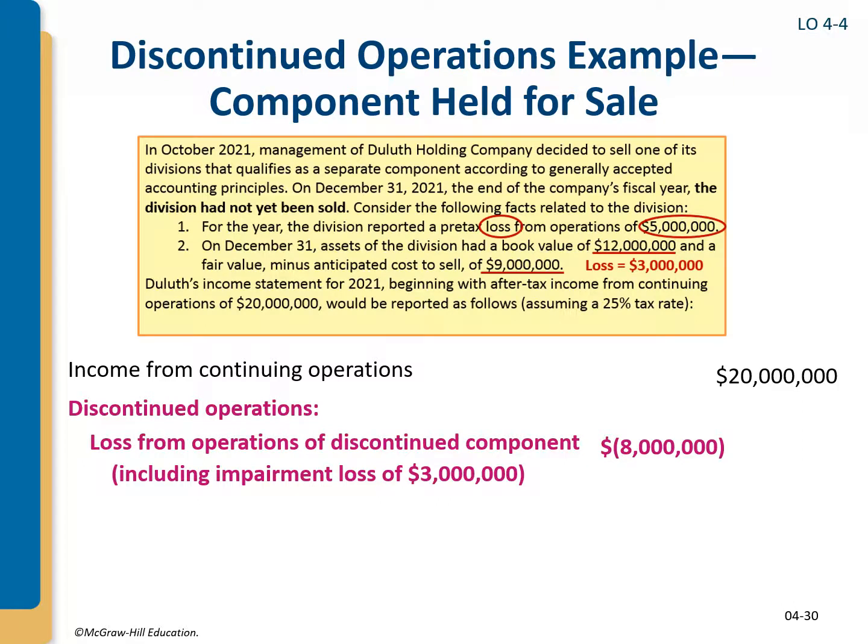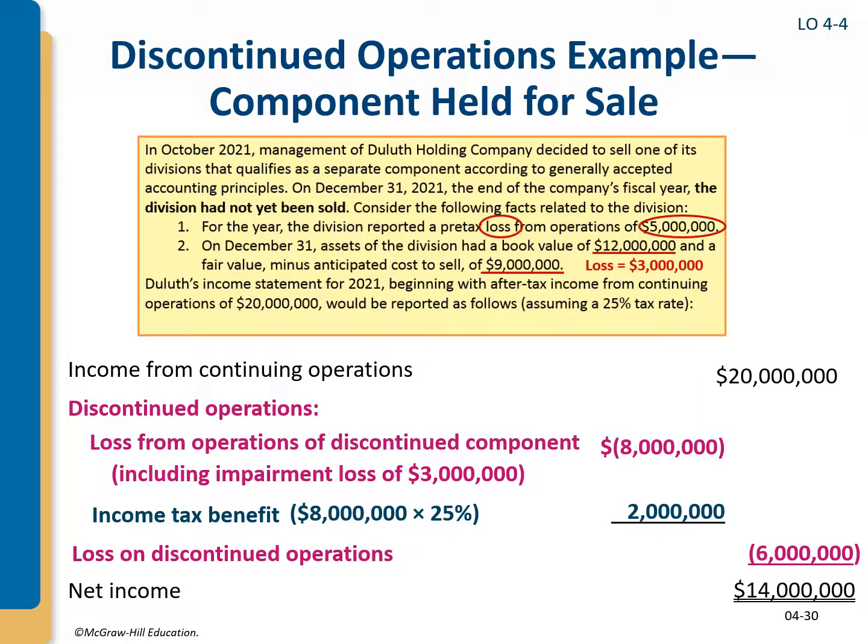We have our loss from operations of a discontinued component, $5 million, plus the impairment loss of $3 million, and we didn't even sell them yet. We'll have an income tax savings of $2 million because that $8 million loss will create a $2 million benefit. We don't have to pay that much in income taxes.